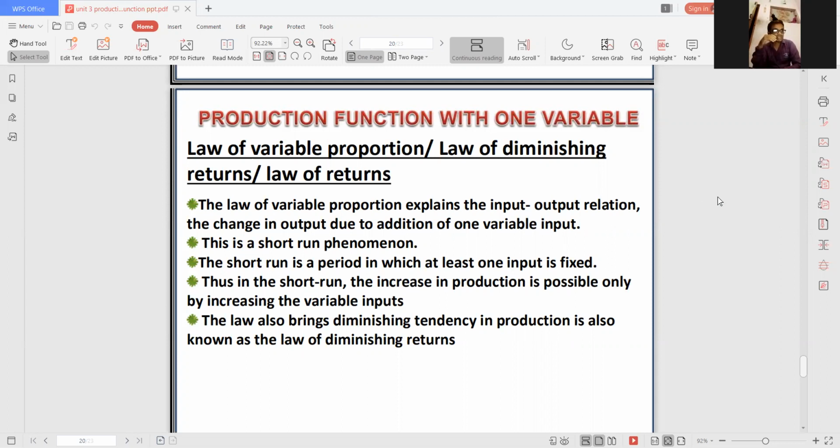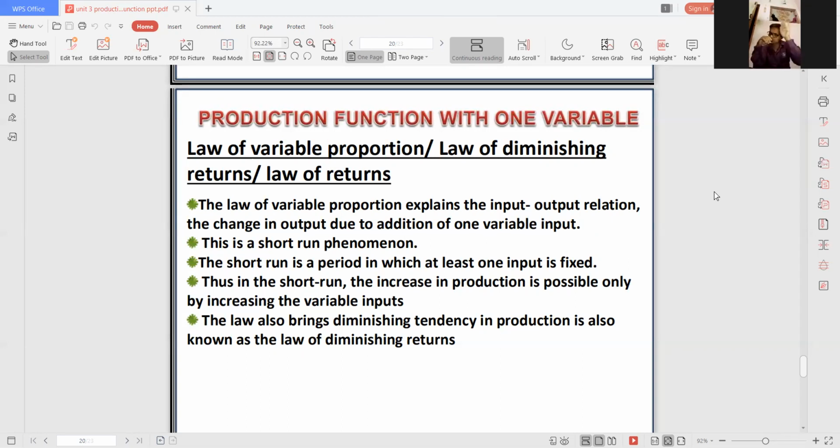This is a short run phenomenon, because here one variable is constant and another variable is changeable. In the short run only such things are possible, changing some variables instead of all the variables.